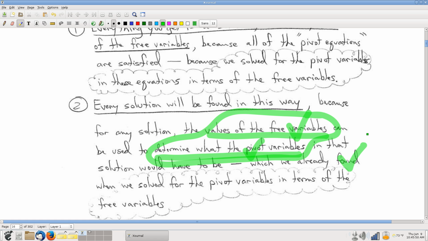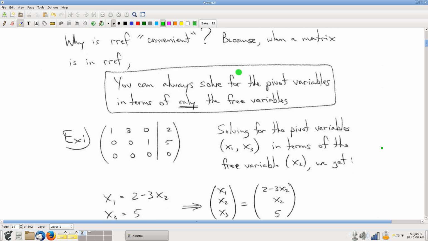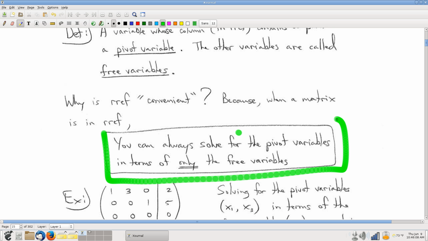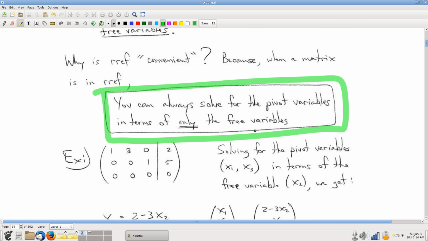Because those free variable values are values that those free variables could be, and we've written down what the corresponding pivot variables would therefore have to be. So any hypothetical solution, we have found it because of this argument. And ultimately what it comes down to is, again, because we solve for the pivot variables in terms of the free variables.